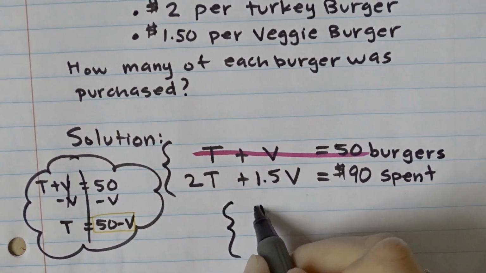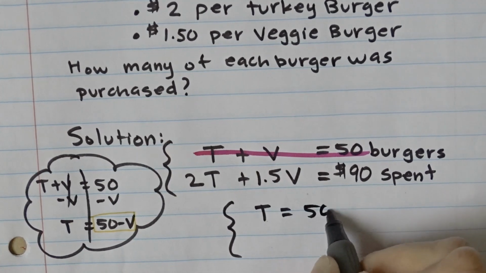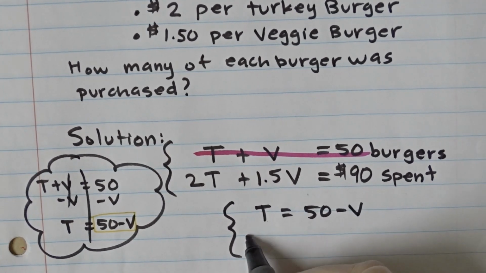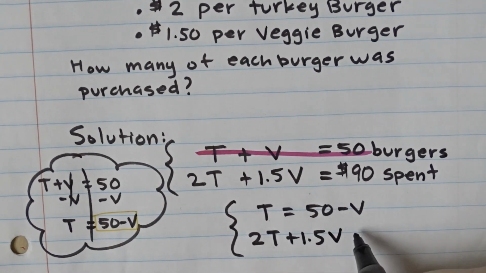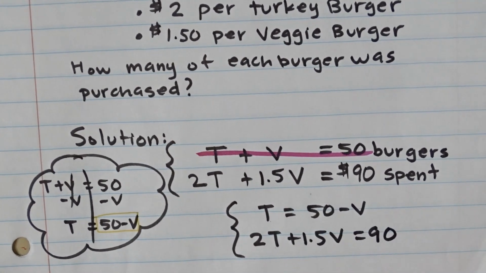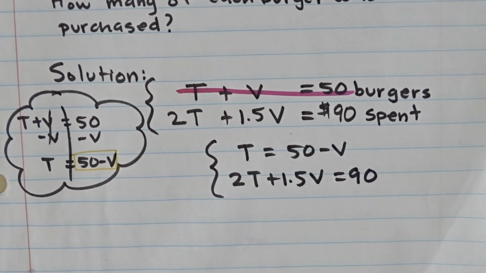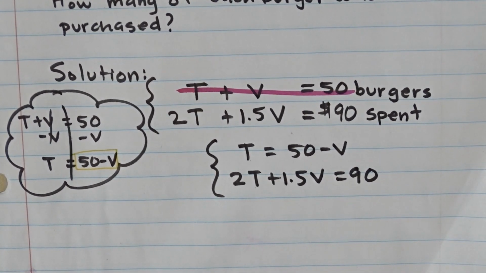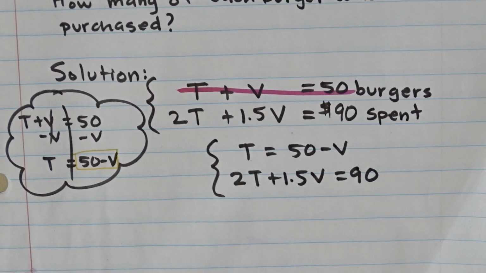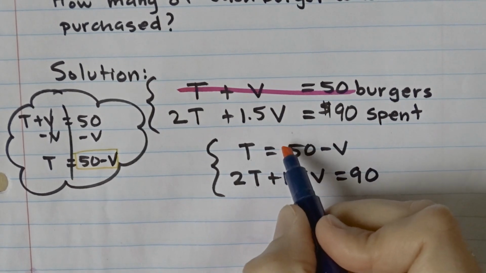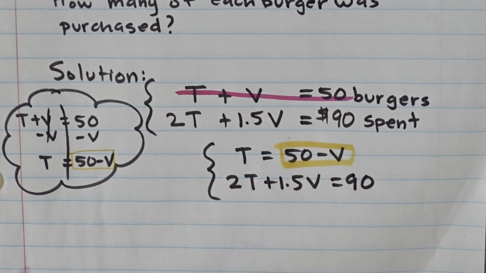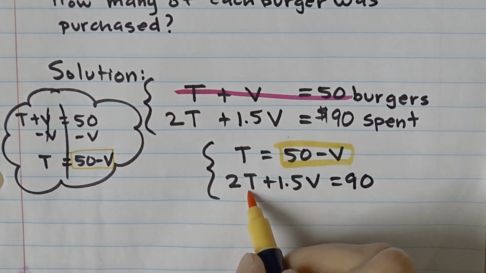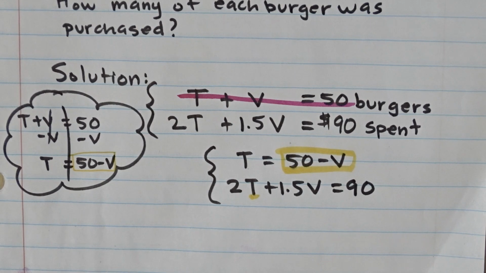So now I'm going to have T equals 50 minus V, and 2T plus 1.5V equals 90. Okay? So I just rearranged the first equation so that I will have a nickname. And now I can say, this is my nickname for T. And just like before, it's going to go in here. So let's go ahead and put that.